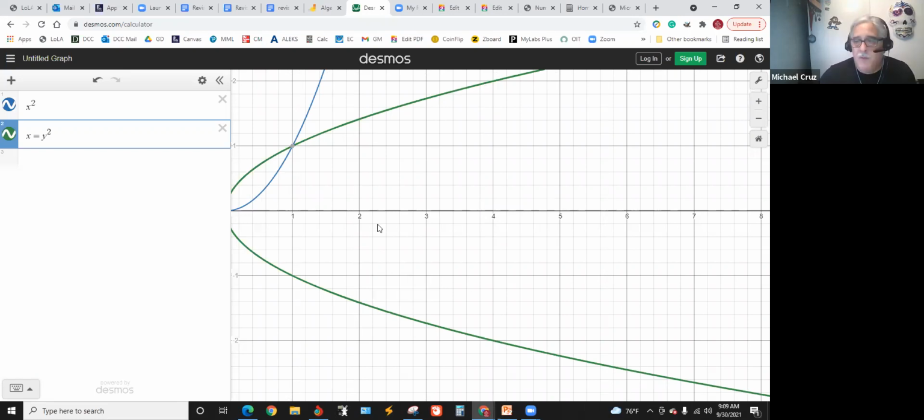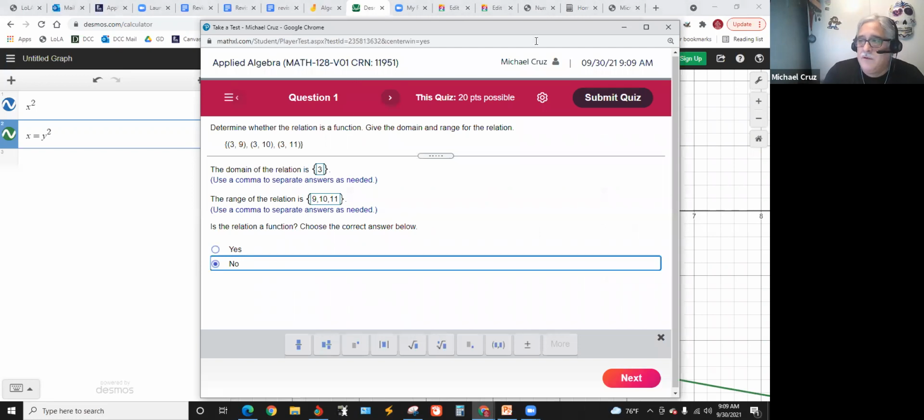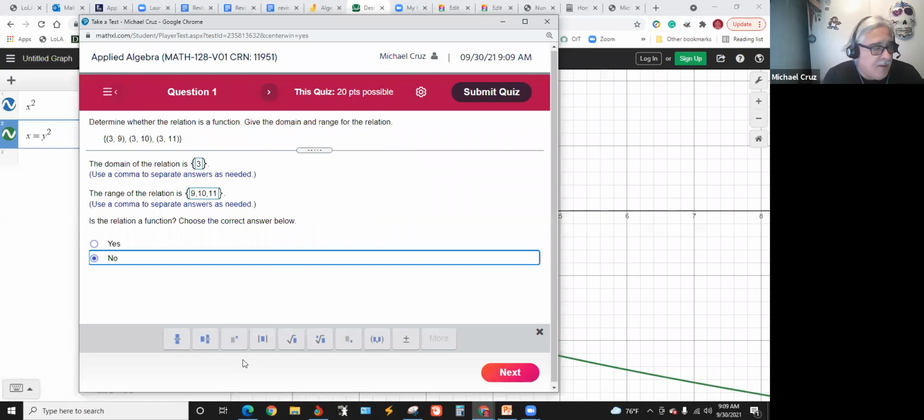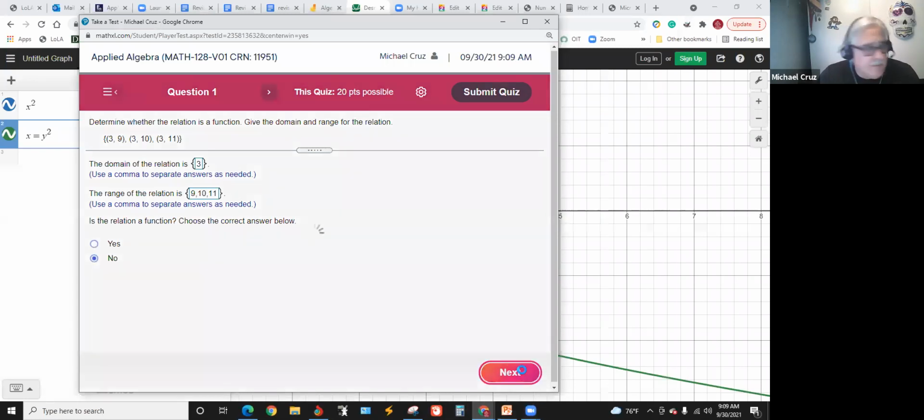So there's a problem with this one because this one clearly breaks the vertical line test. So in that case, this is not a function. So anytime x repeats, you got a problem. Anytime x goes to more than one y value, there's a problem with the function. It's not a function. It's a relation.